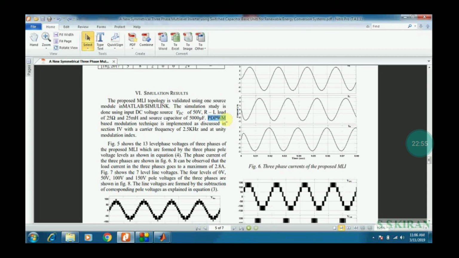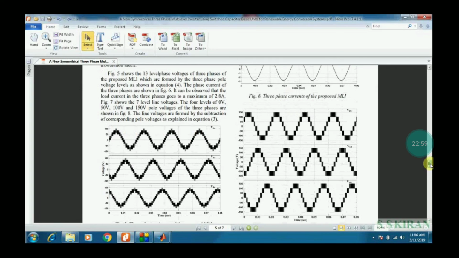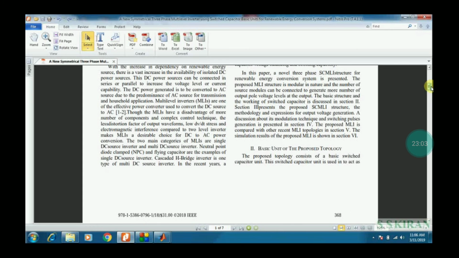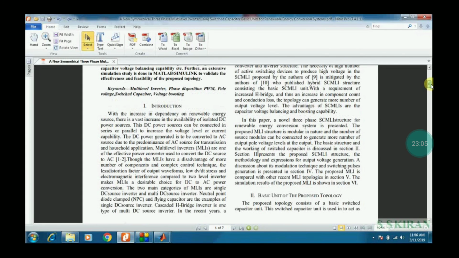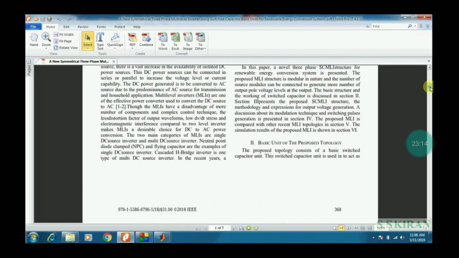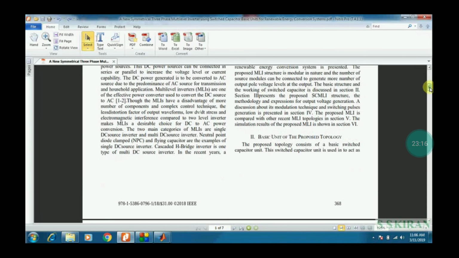The PWM technique based on modulation technique is implemented as discussed, around 2.5 kHz. Right. Let's come back to the basic block. See here. I'm searching where the PWM is.